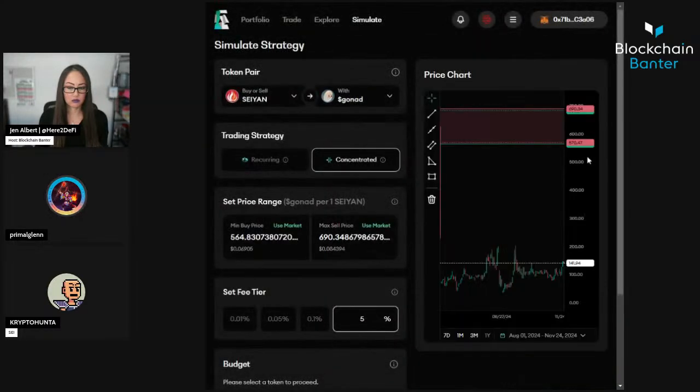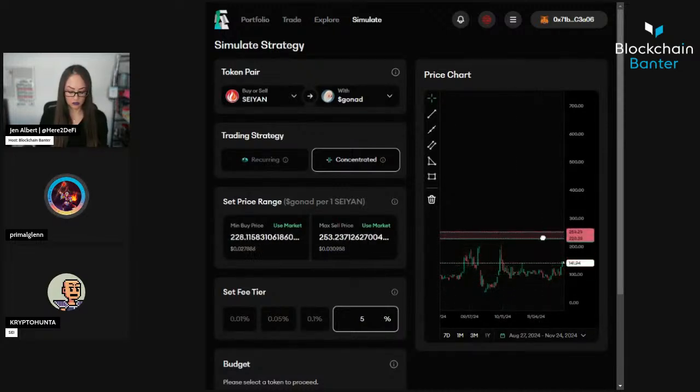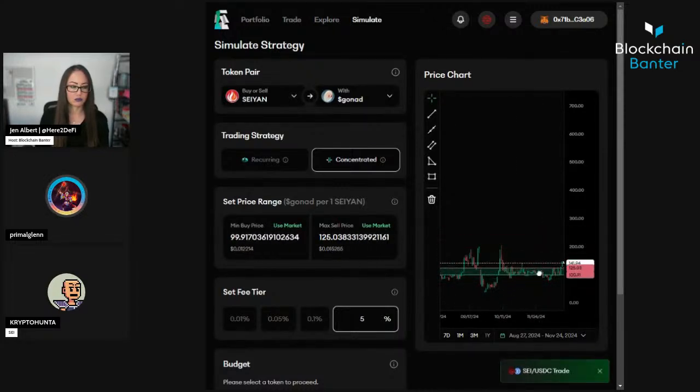Let's just look at this trading pair over the past 3 months. Let me go down here. You can see that this has had some volatility, right? If you look at this thing, it's volatile.